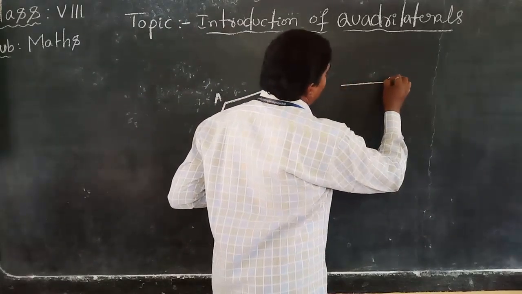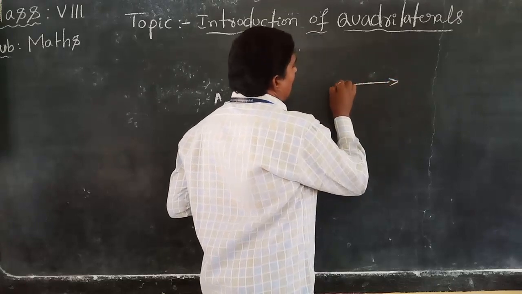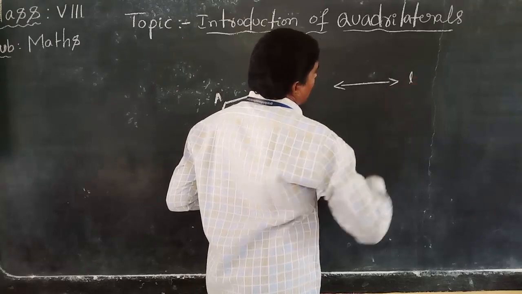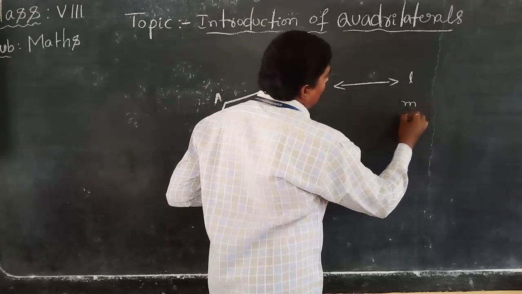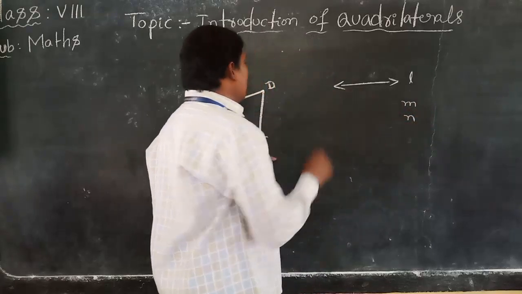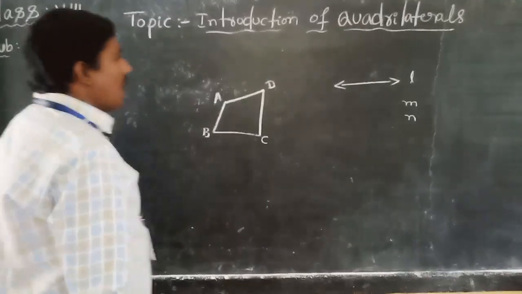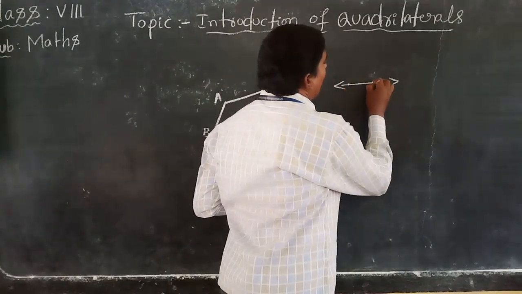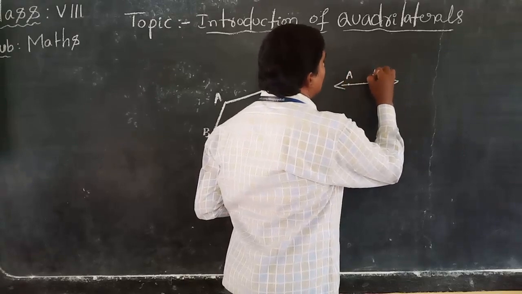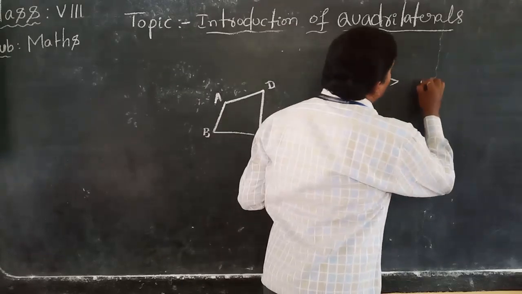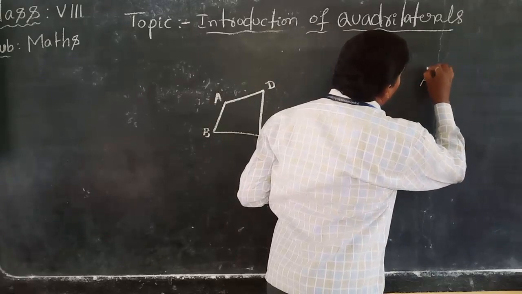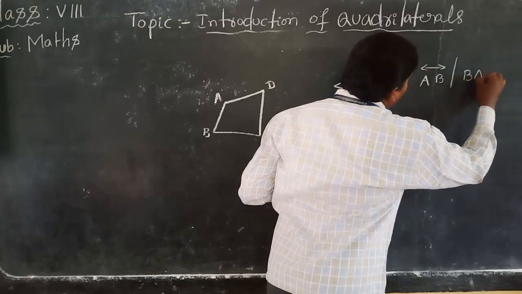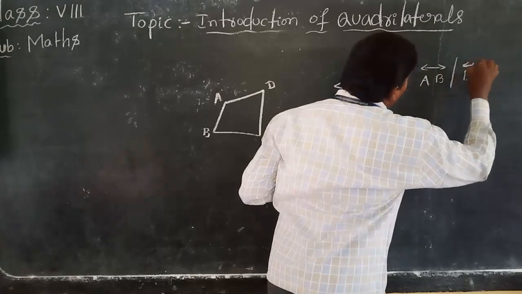For one dimensional figures, we already discussed: for indicating a line, we write small l or small m or small n, or otherwise, this is a AB line or BA line, both are possible.